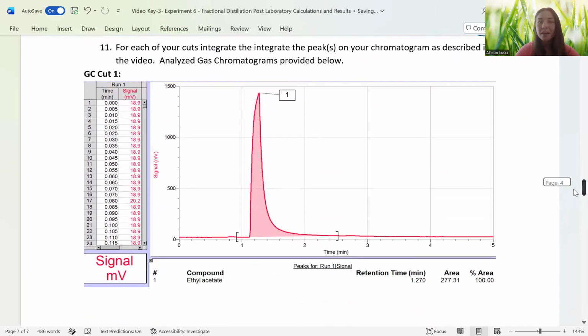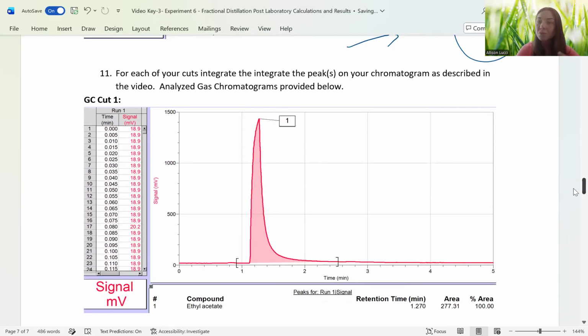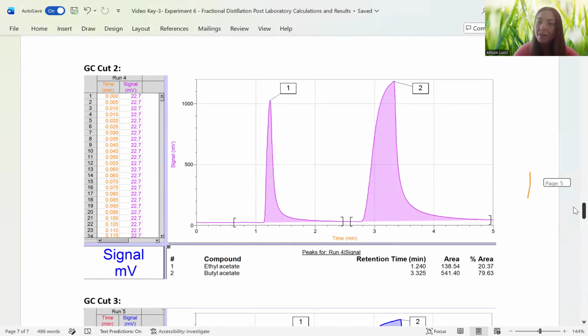Now, these are the fractions or the cuts that are referred to throughout our distillation. I mentioned our first cut would be our first 10 drops, so that's what this is going to reference here. Then if we move down here to our second fraction, our second cut, now we have two components shown.